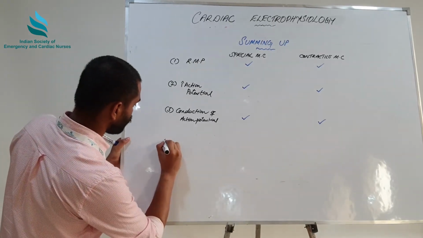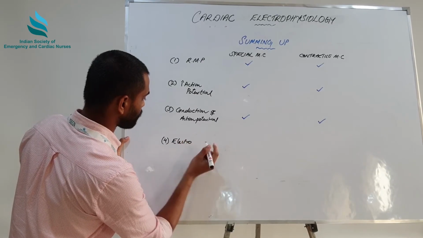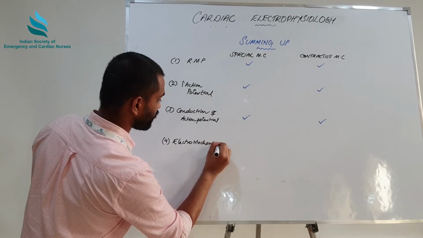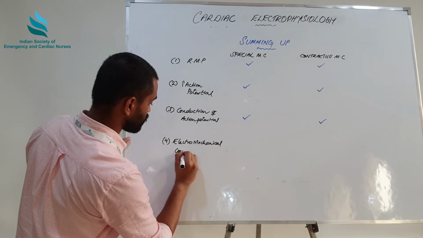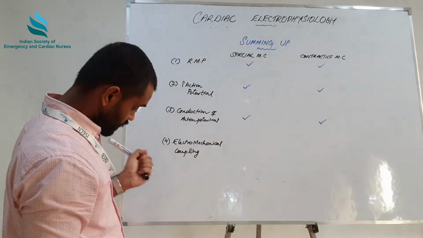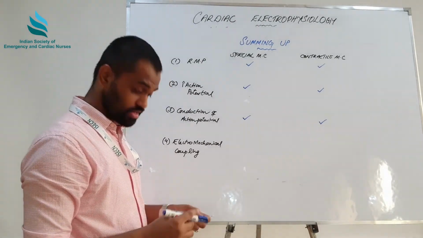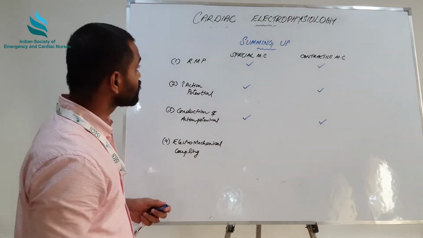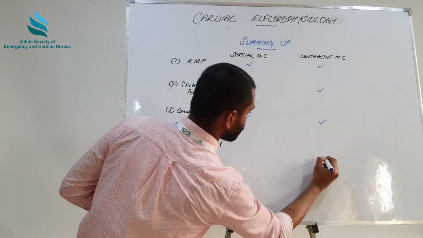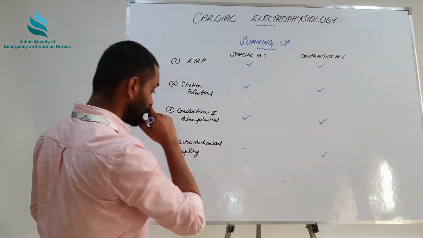Then we have discussed electromechanical coupling, which is the translation of the electrical signals into mechanical effect, which is contraction of the sarcomere unit of the muscle, and this we have discussed under contractile myocardial cell because special myocardial cell is not applicable.